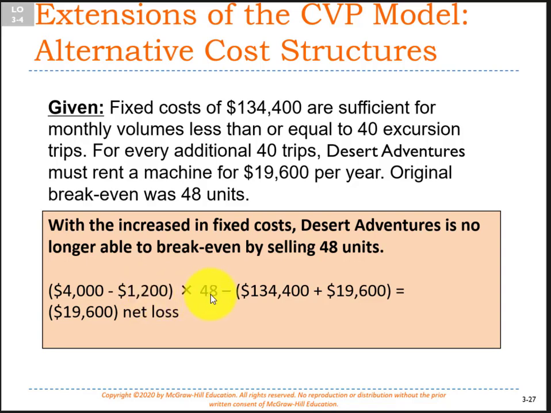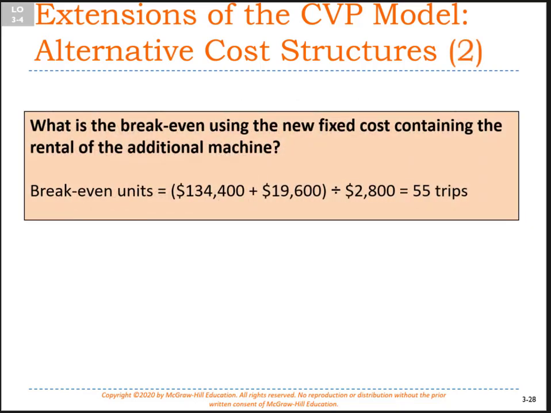Multiply that by 48, and then you subtract out your fixed cost with the additional 19,600 fixed costs. Then you're actually losing money, because before we were at break-even, now we have an additional 19,600, we're losing money. So now we have to look at it with the additional fixed costs.